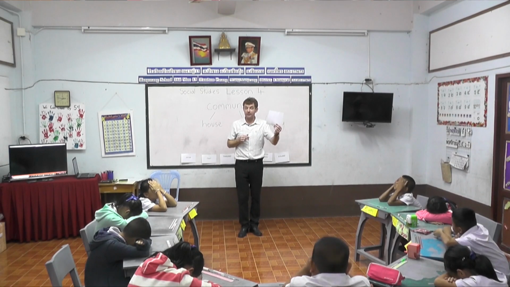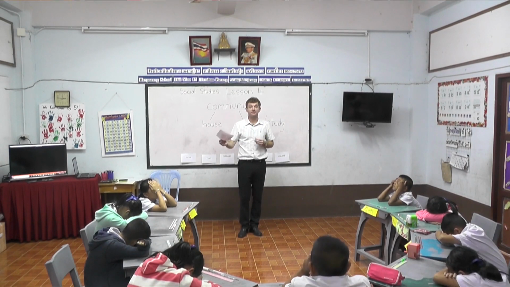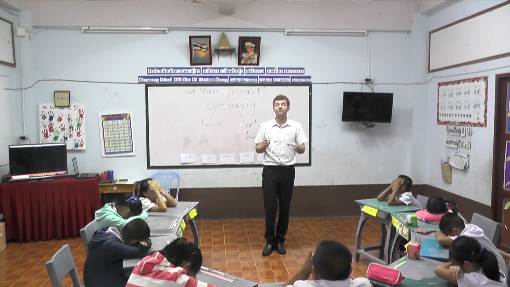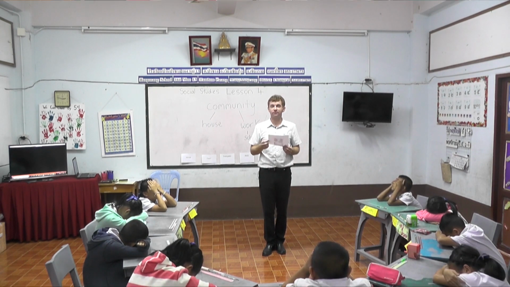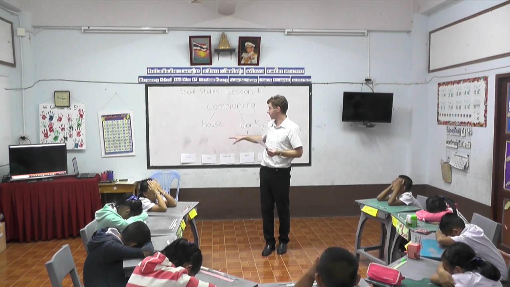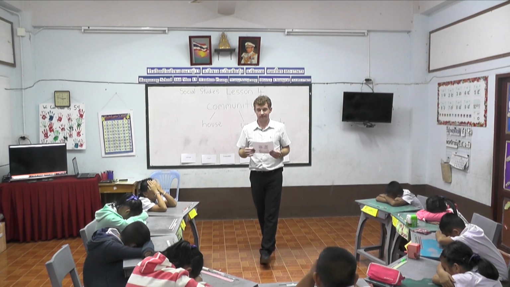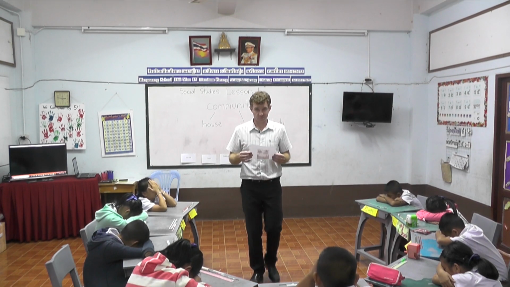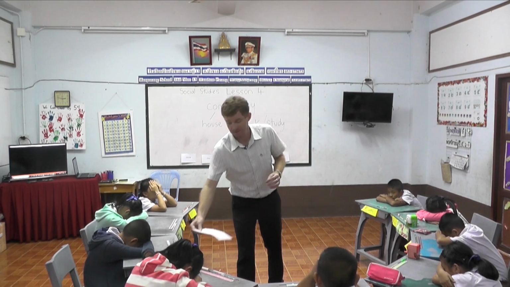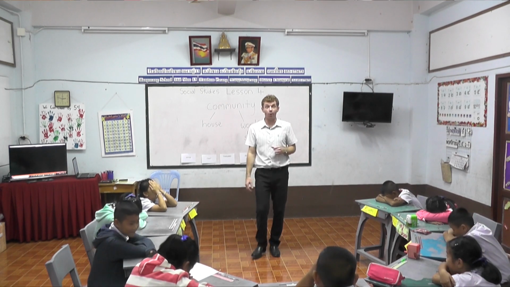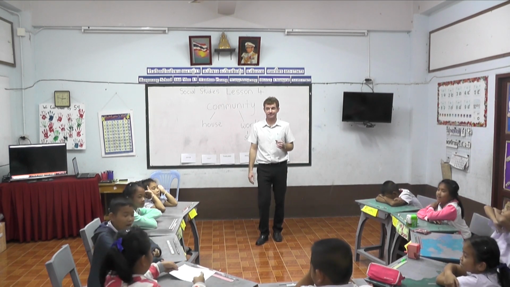Then place a flashcard, the picture, on a student's desk and see if they can get the correct country that the picture is for. So let's see. Now you can open your eyes.